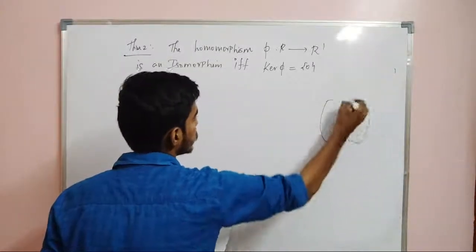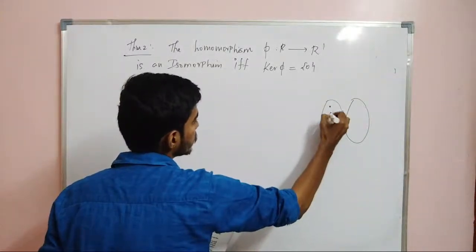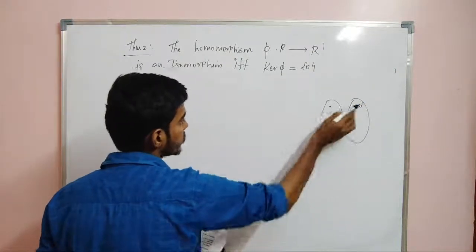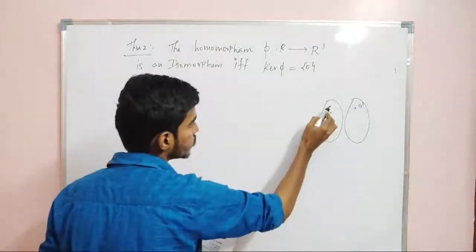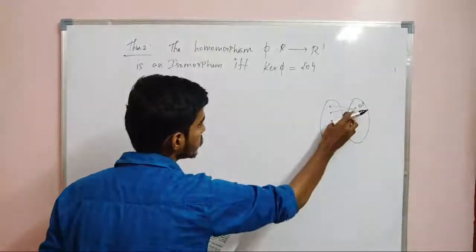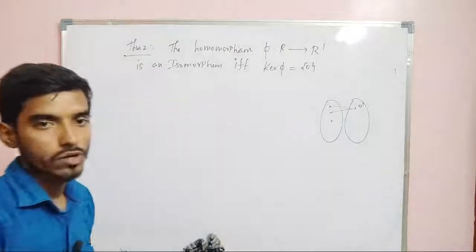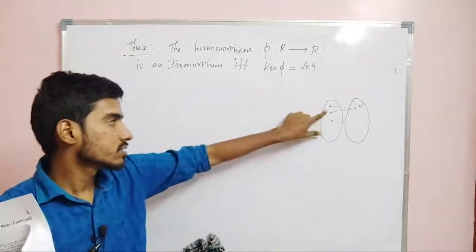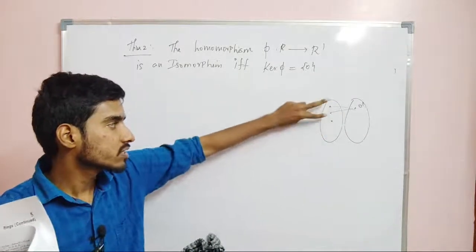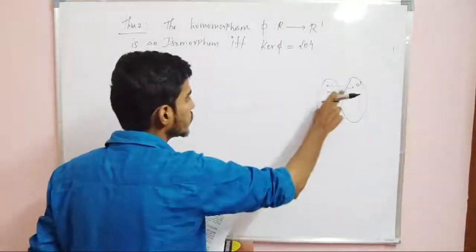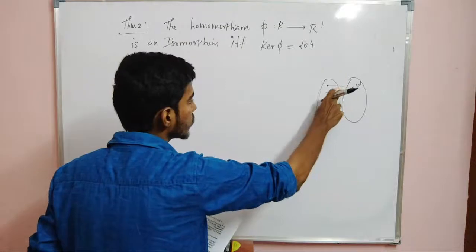So again it's very easy. Now what is the kernel of f? The kernel of f is nothing but all those elements which are mapped to 0. Suppose we have two elements mapped to 0, that means the kernel of f contains these two elements. Surely this is not 1 to 1, because in a 1 to 1 map distinct elements have distinct images, but here you can see two elements have the same image, so it is not 1 to 1. So for f to be 1 to 1, the kernel of f should contain only 0.